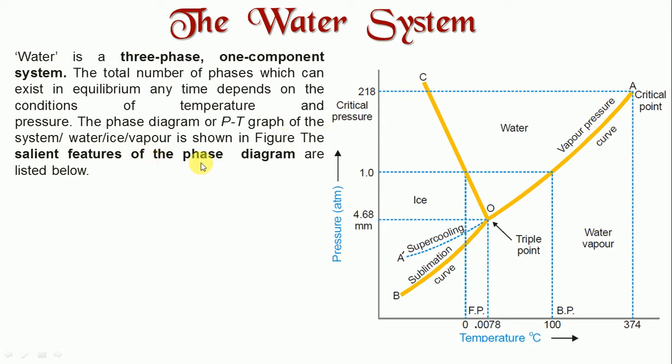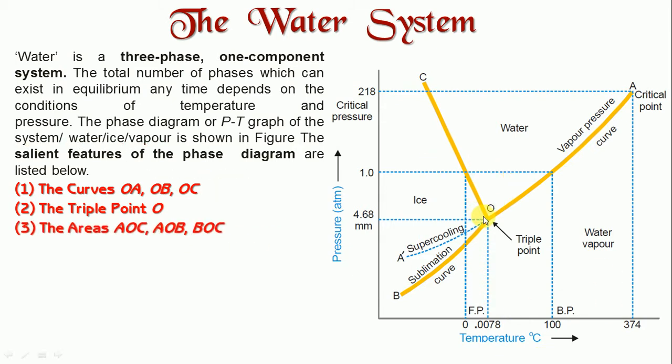The salient features of the phase diagram are listed below. I have already told you, it has three curves, OA, OB, OC. It has one triple point, pointed by the arrow, and the position of the triple point is O. And it has three areas, AOC, AOB, and BOC.